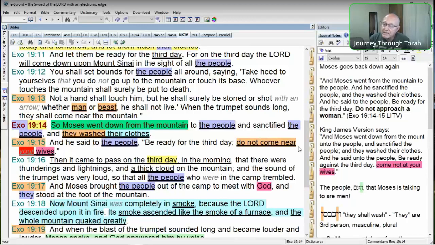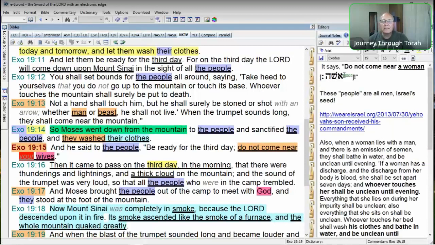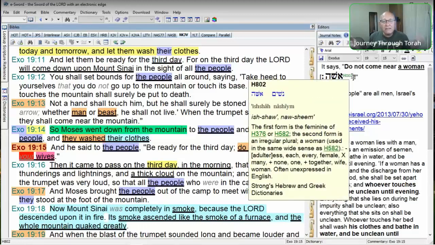He's got some instructions for us. They say, do not come near your wives. Here it is. It's, do not come near a woman. That's all it says. Do not come near a woman.